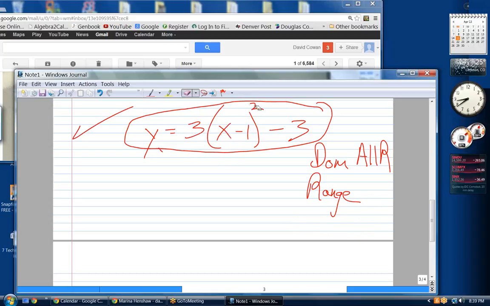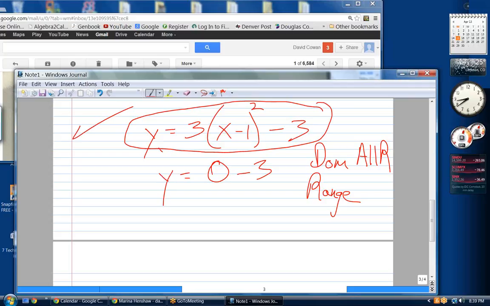Because x minus 1 squared has to be a positive number. So even if I made x 1, I've got 3 times 0. In other words, this can never be negative. The lowest this can ever be is 0. And if that's 0, then I've got 0 minus 3, so y could be minus 3. But it can never be minus 4.